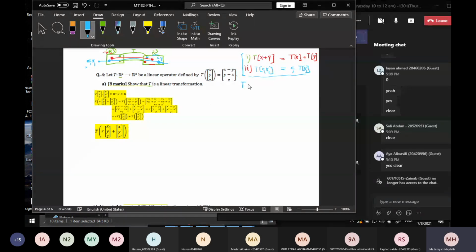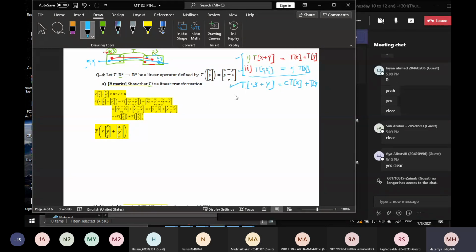So the transformation of, let's say, C phi x plus y, where I just multiplied one of the vectors by C, should equal C phi transformation of x plus the transformation of y. If we proved this, enough. That means we proved both conditions. Clear?